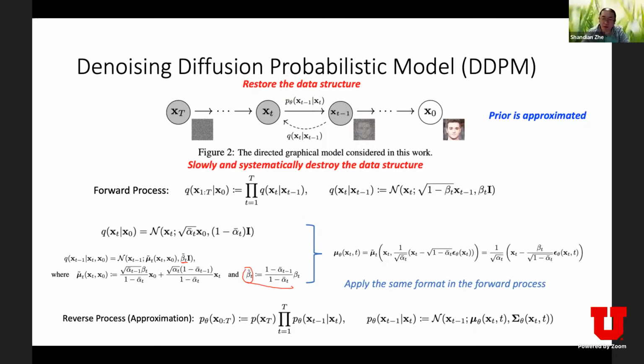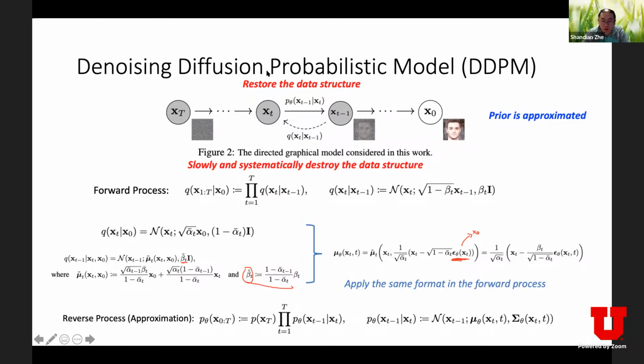So the epsilon theta is a neural network, and the input is xt. They use this one to predict x0. The whole term here is used for predicting the x0. One thing.